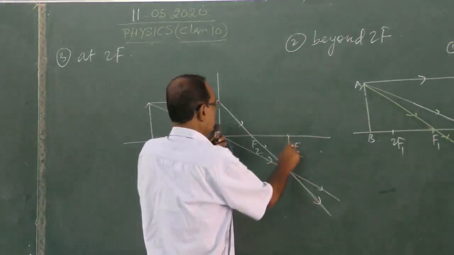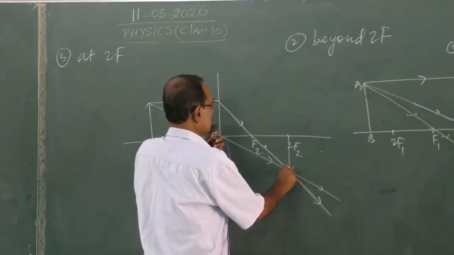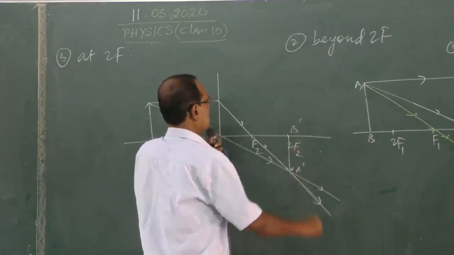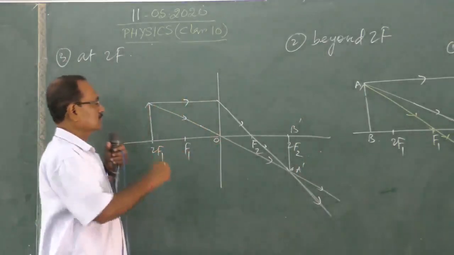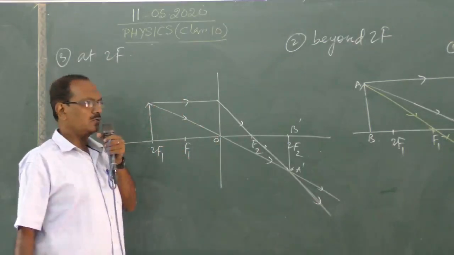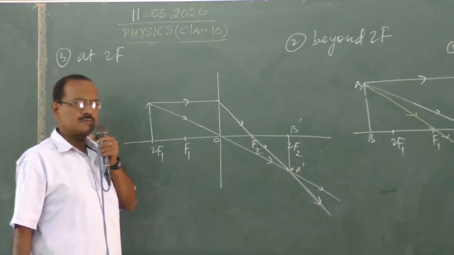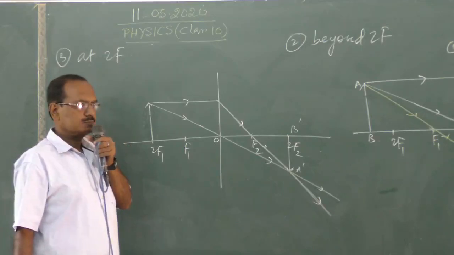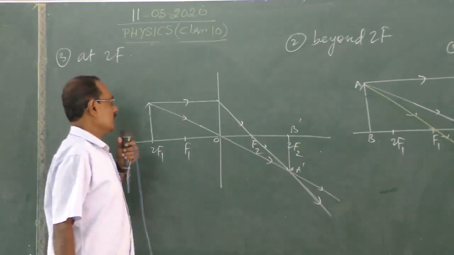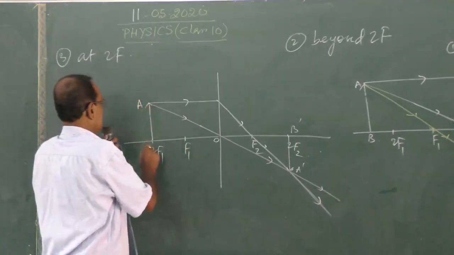Now the image will form here: A dash, B dash. Again I am telling you, if you draw your ray diagram without arrows, you will lose marks, partially or fully.